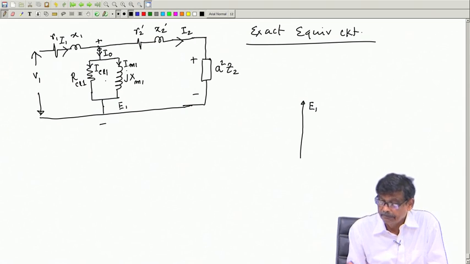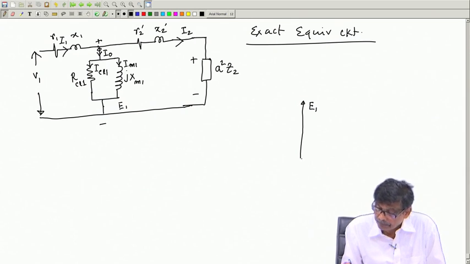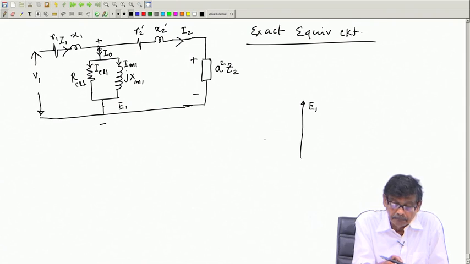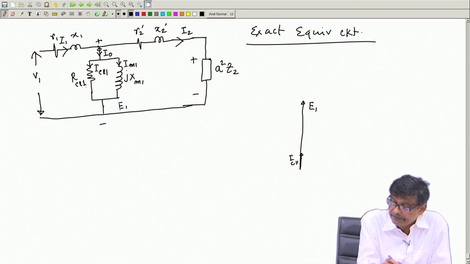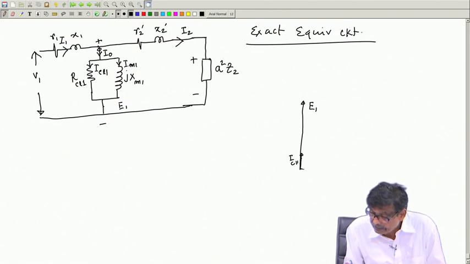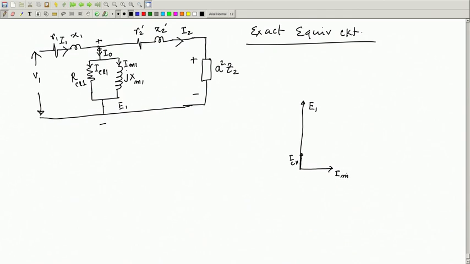If this is E 1, your I C L 1 will be in phase with this. This resistive current and the magnetizing current will be like this, I m, and the sum of these two currents is called the no load current I naught. I have got I naught.